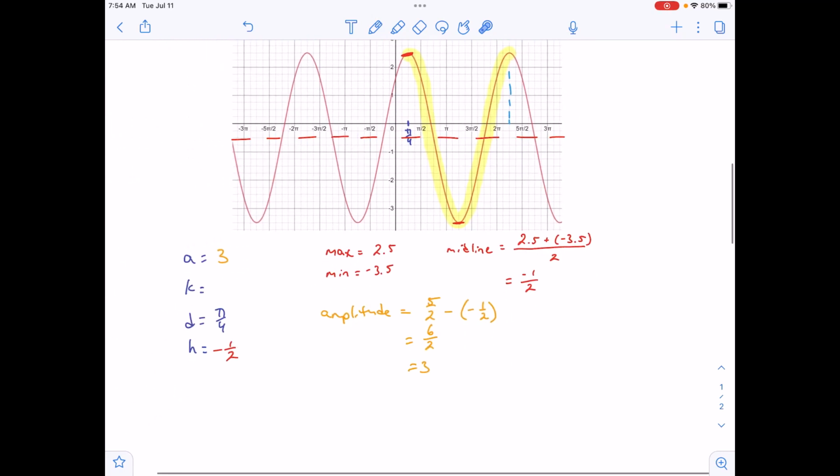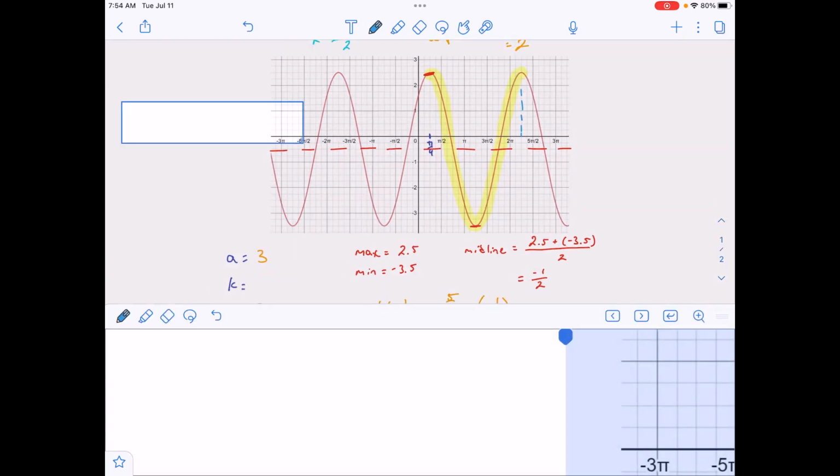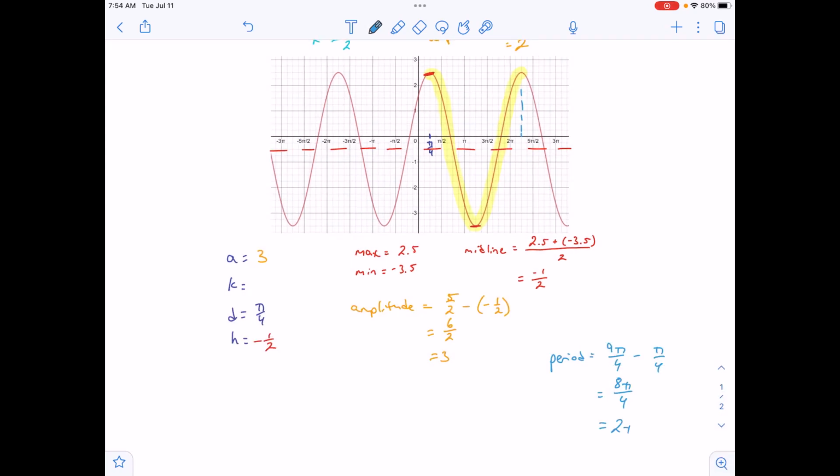So I end at 9 pi by 4. I start at pi by 4. So I'm going to go end minus start, and I'm left with 8 pi by 4, which is 2 pi. 2 pi is your normal period. We are working at the exact same speed as in our typical function.